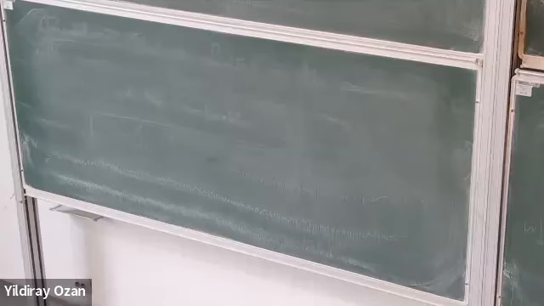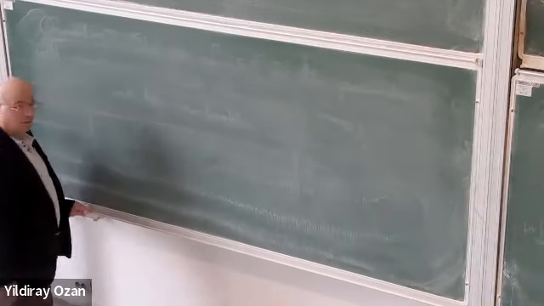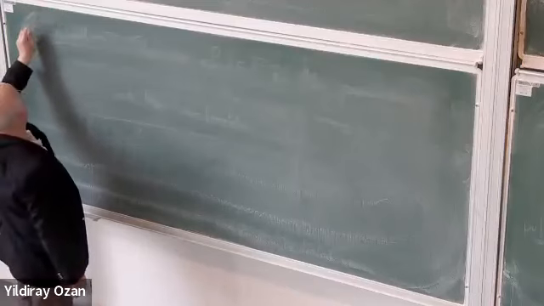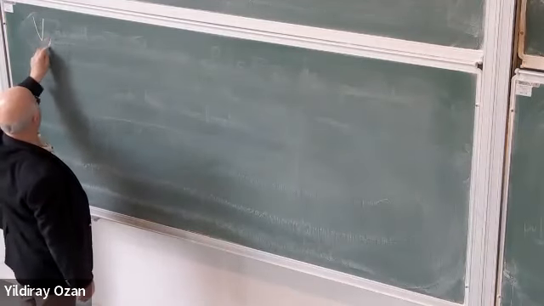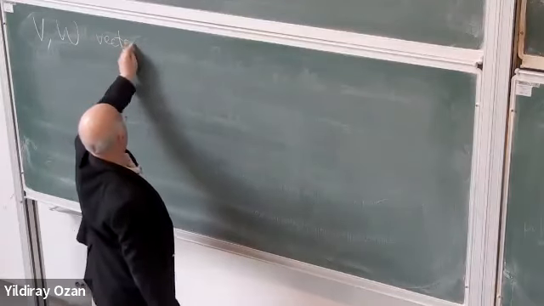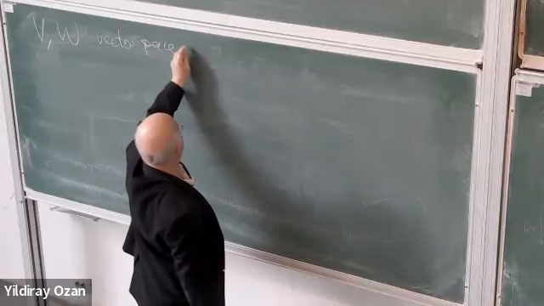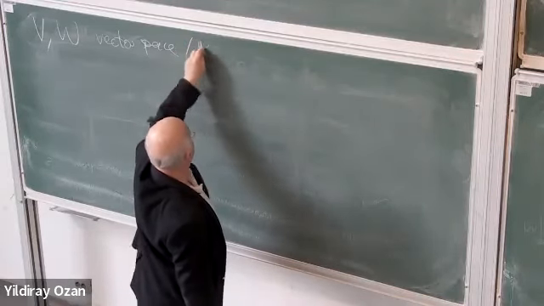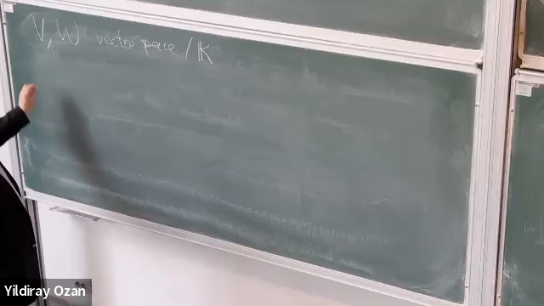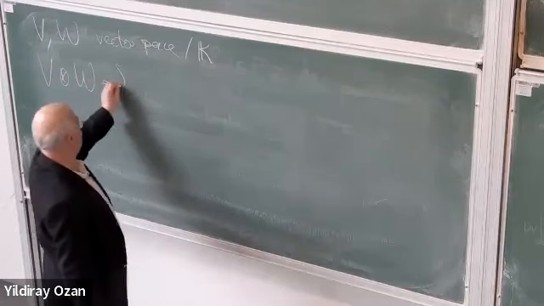So let's start. Last time we talked about tensor product, right? If we have two vector spaces over a field K, then we can talk about its tensor space.